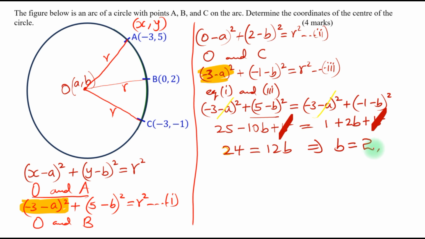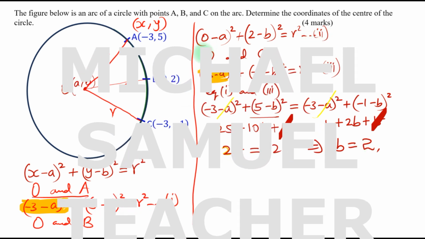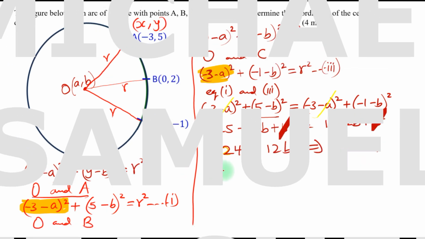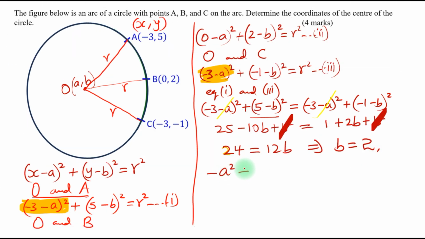Also, now we already have the value of b, so we can consider equation 2. We have 0 minus a, that will be (minus a) squared, plus (2 minus b) where b is already 2, so (2 minus 2) squared, equal to r squared.